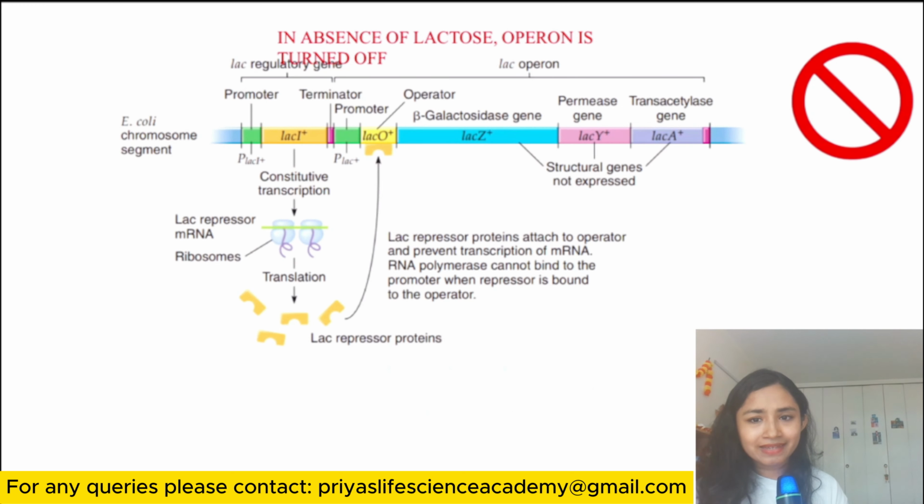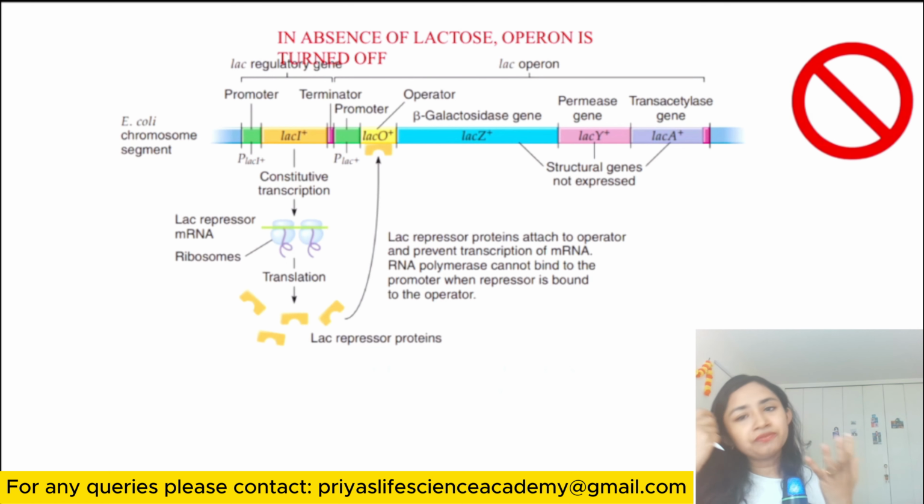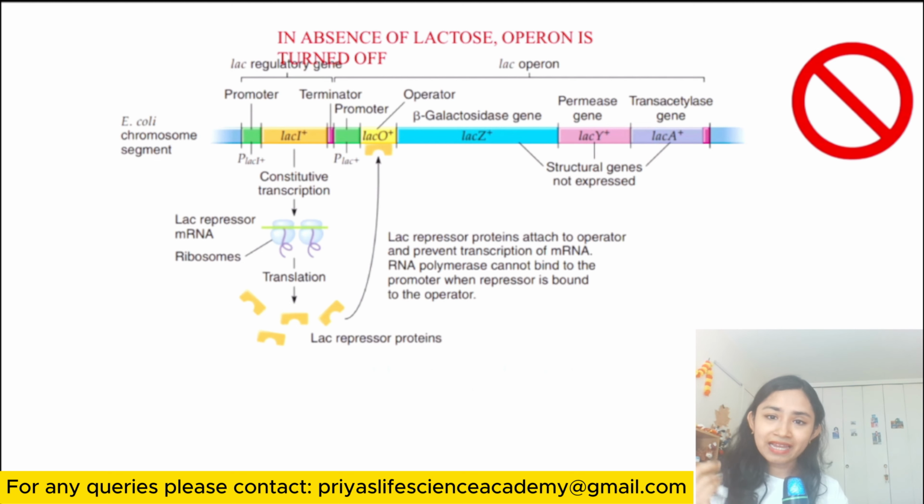The main thing is that Lac Operon will stay turned off whenever there is a presence of glucose, because if you have your preferred meal, you will not shift to any other kind of option. For example, if you love biryani and you have biryani, you will not shift to plain rice and pulse. So bacteria loves glucose, so whenever glucose is present, the Lac Operon will be turned off.